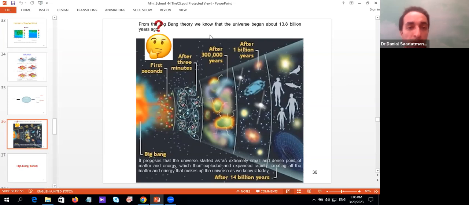We know that from the Big Bang theory, the universe began about 13 billion years ago. It proposed that the universe started as an extremely small and dense point of matter and energy, which then exploded and expanded rapidly, creating all the matter and energy that makes up the universe as we know it today.